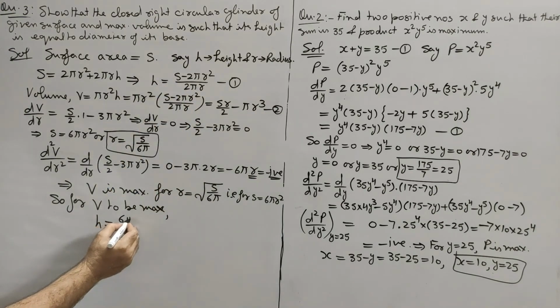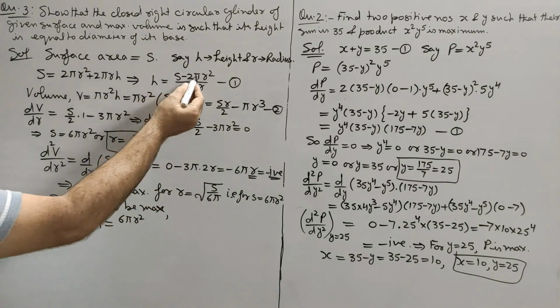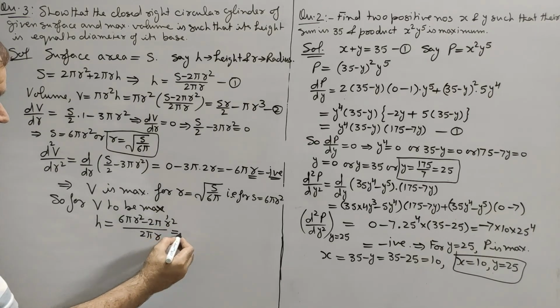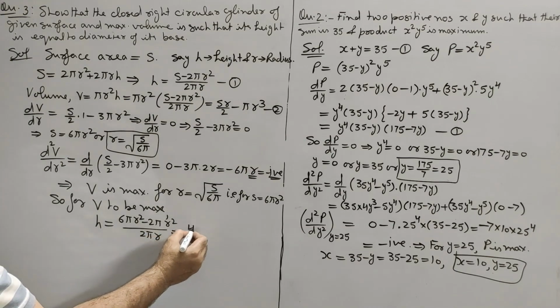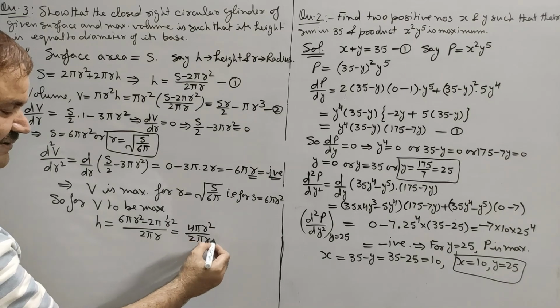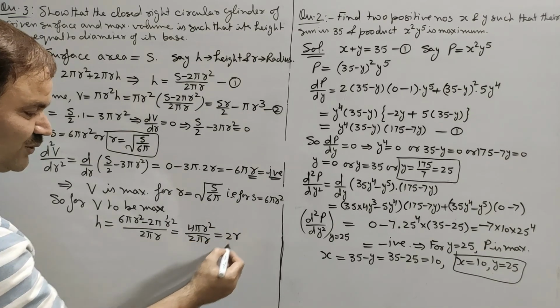So 6 pi r square minus 2 pi r square upon 2 pi r will be 4 pi r square divided by 2 pi r, and this will be 2r.